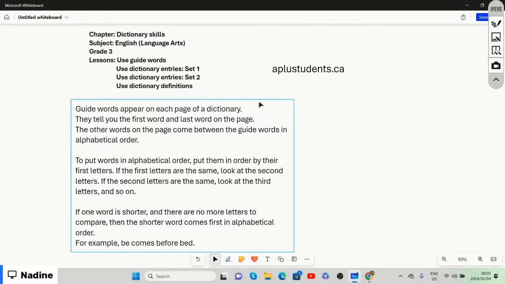All right, so when it comes to dictionary entries, we know it is where, especially if you want to look for a specific meaning of a word, we look at a dictionary, right? So a dictionary is where we'll find words with their specific meanings.